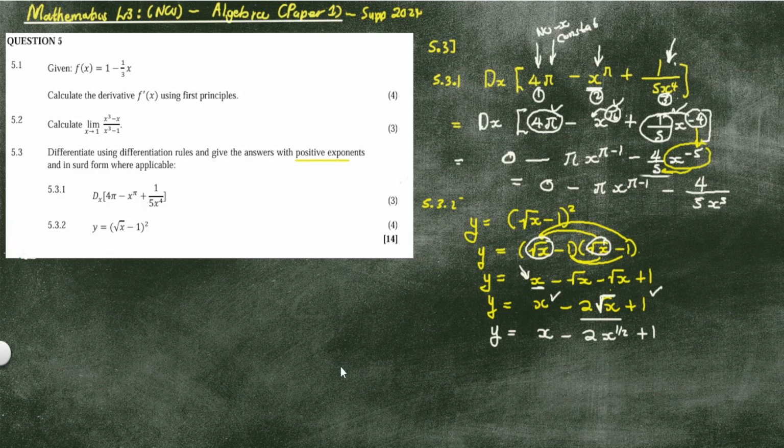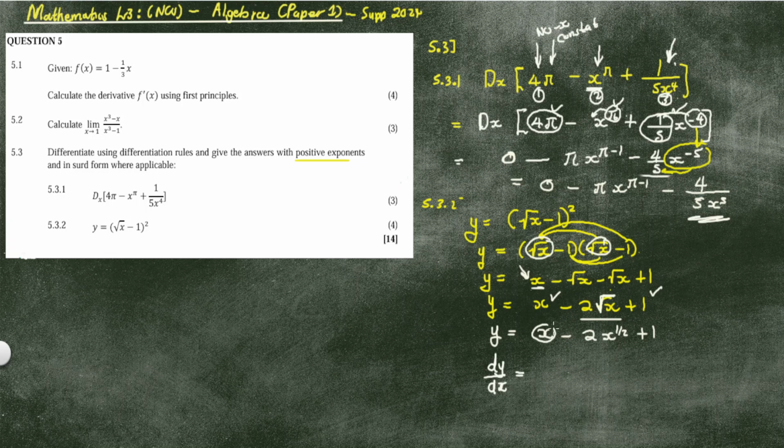Now continuing with the last question, we can now differentiate, dy over dx. Let's not forget what we did above: we need to make sure that we simplify for negative exponents.